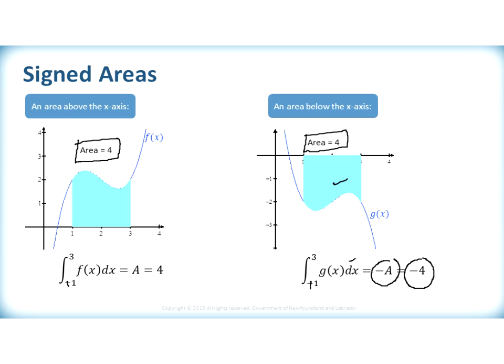Whereas over here, this definite integral, because everything is nice and positive up above the x-axis, would have a value of positive 4. So the distinction here is the areas themselves are always positive, but the definite integrals will be positive or negative depending upon whether the area you're talking about is above or below the x-axis. Important distinction.